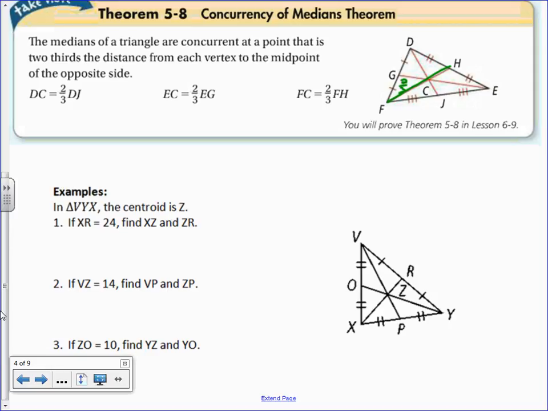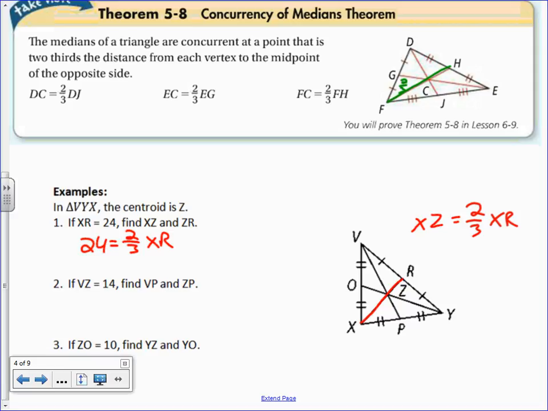If XR is 24, so XR, this whole line is 24, we know from the theorem that XZ is 2/3 of XR. Let's plug that in. It says find XZ and ZR.